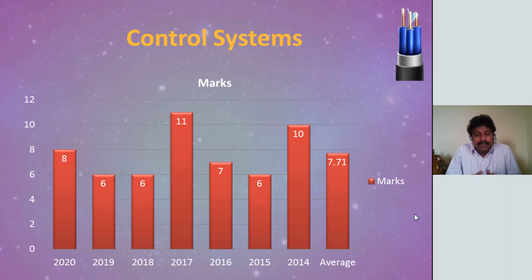As I said earlier, the minimum marks a student can get from networks is 10, from fields is 4, and from control systems is 6. 10 plus 4 plus 6 is equal to 20, and 8 marks from signals and systems, so 28 marks out of 100. Circuits, control systems, fields, and signals and systems will carry a weightage of 28 marks.